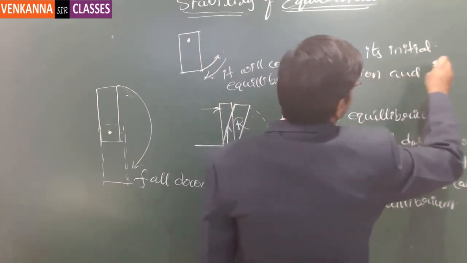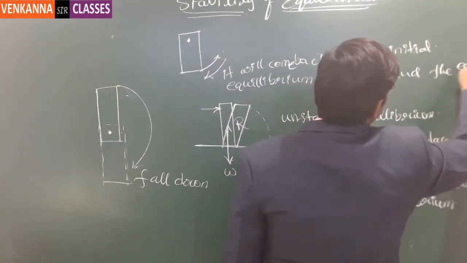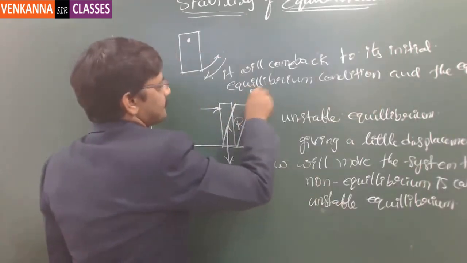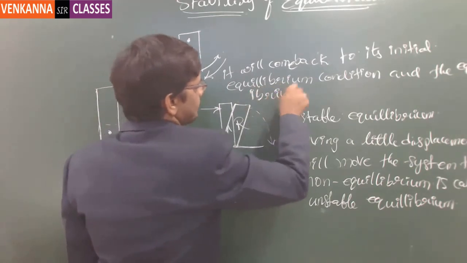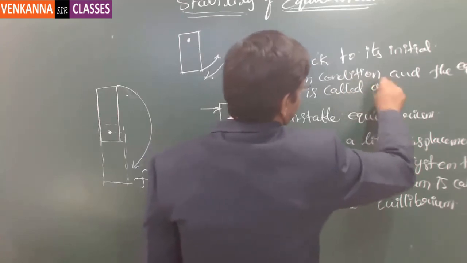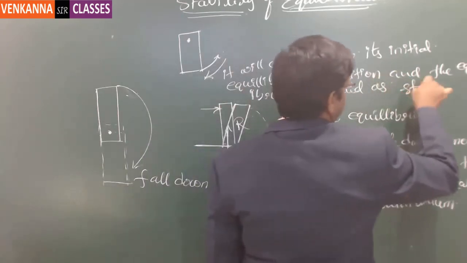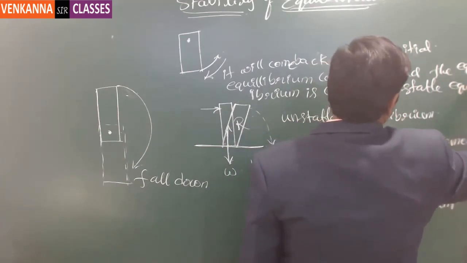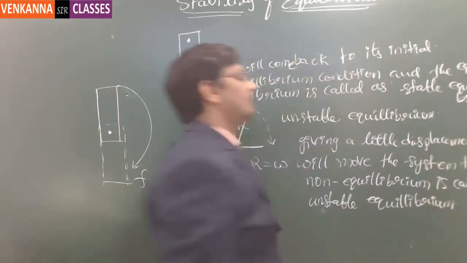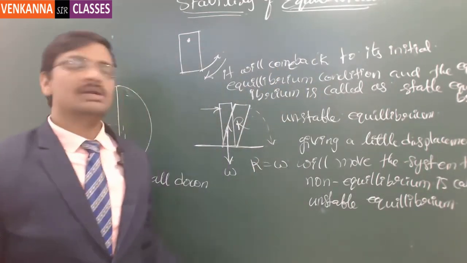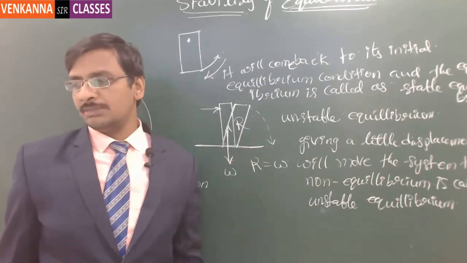This equilibrium is called stable equilibrium. So this is stable equilibrium and this is unstable equilibrium. I hope you got an idea of what stable and unstable equilibrium are.